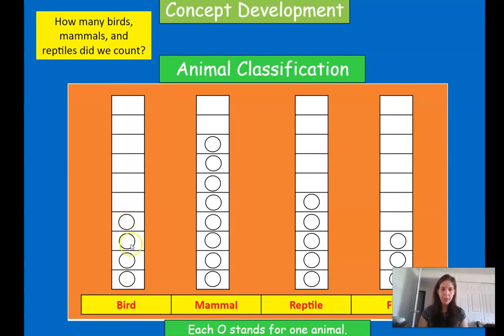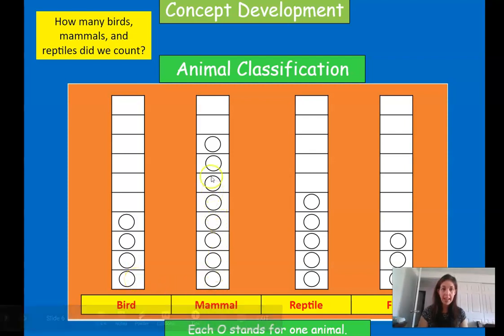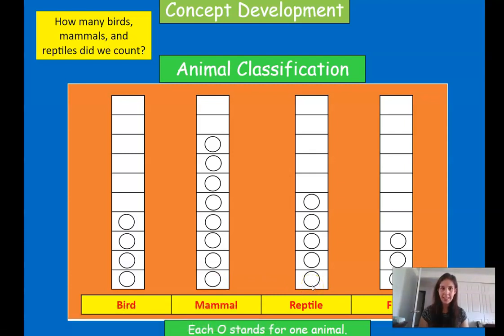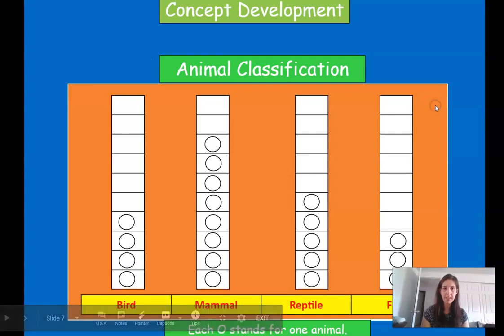We have 4 birds, 8 mammals, and 5 reptiles. So 8 plus 4 is 12. 12 plus 5 is 17. Very good. So we have 17 birds, mammals, and reptiles.